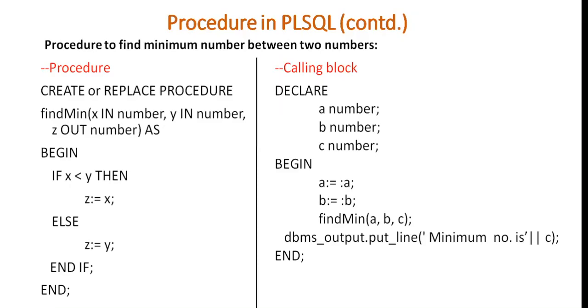So in a procedure, whenever we want to return some value to the calling block, there is no need to use the return keyword. We just specify z out number. It means that we are passing the value of z to the calling block. So this is how we can pass a value to the calling block, and we can pass parameters to the procedure from the calling block.